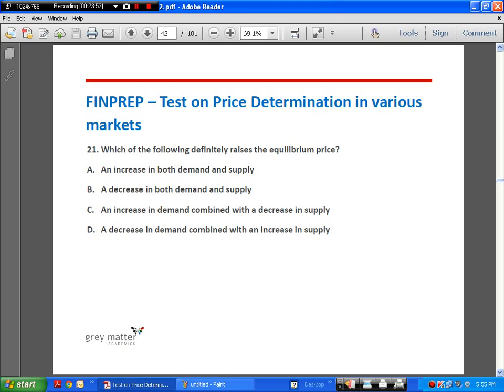Now, if the equilibrium price has to increase, an outward shift in demand or an increase in demand will always pull the prices up. And on the other hand, a decrease in supply will always pull the prices up. Therefore, a combination of an increase in demand and a decrease in supply will pull the equilibrium price upward. Therefore, the right answer is option C, an increase in demand combined with a decrease in supply.